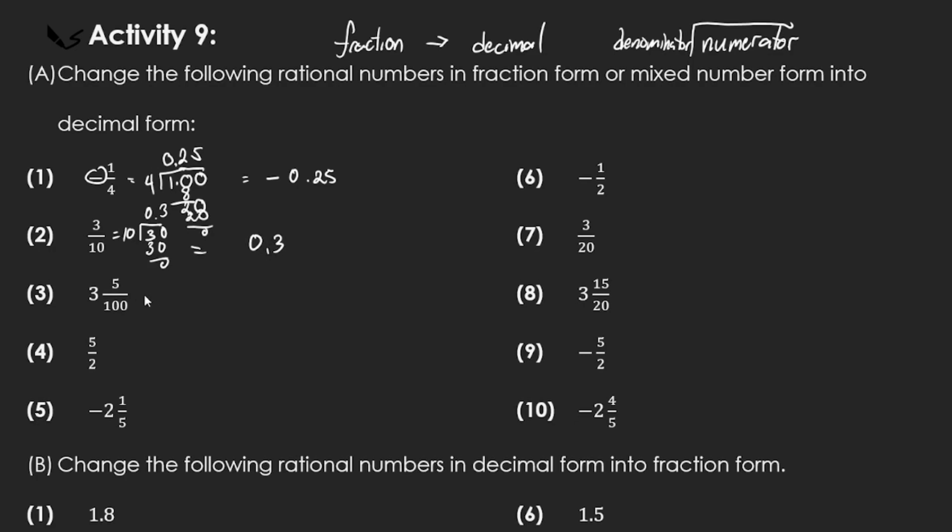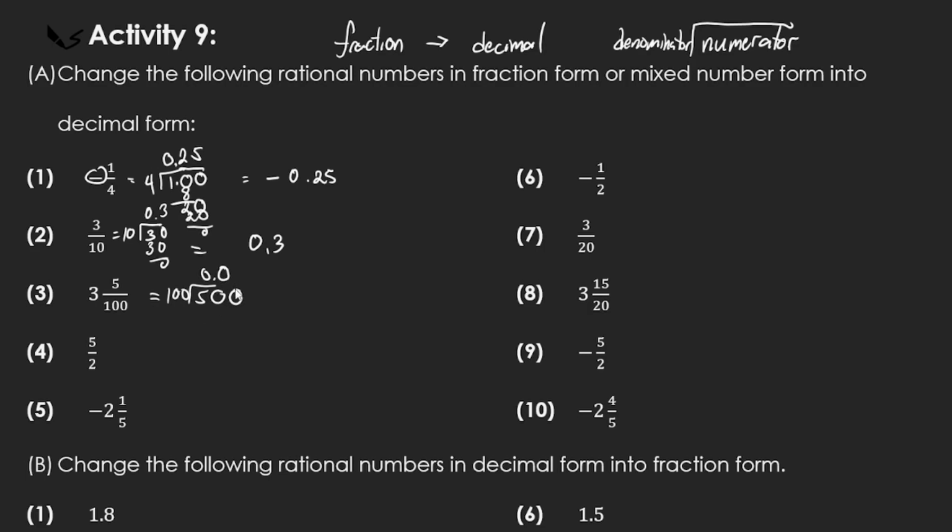Number 3, we have 3 and 5/100. Let's just get the numerator and denominator again. 5 divided by 100. Let's think about that whole number later. So how many hundreds are there in 5? There's none. Let's add a 0. How many hundreds are there in 50? There's none also.